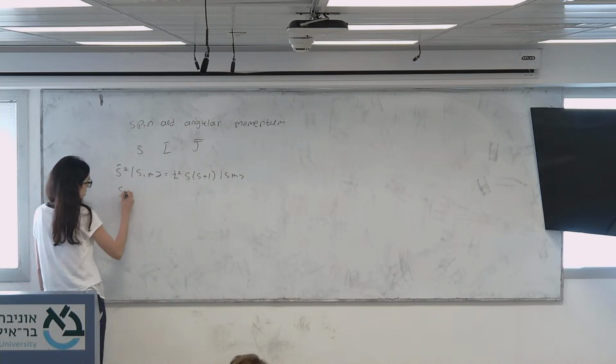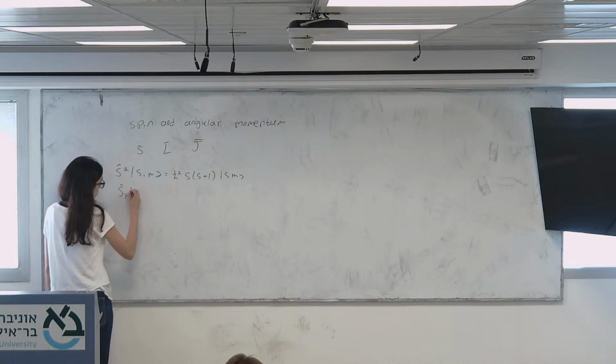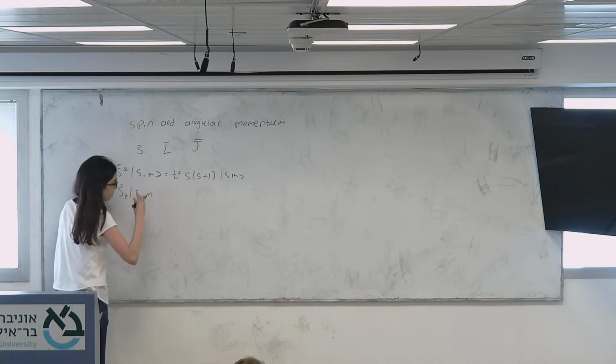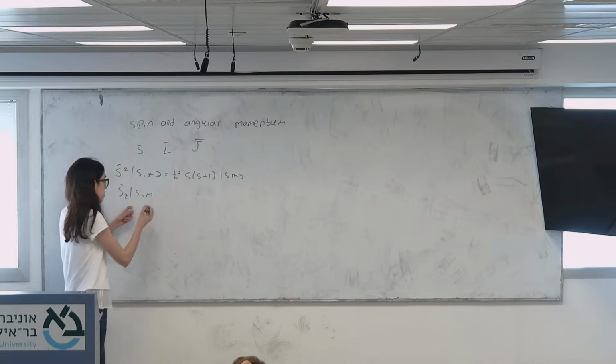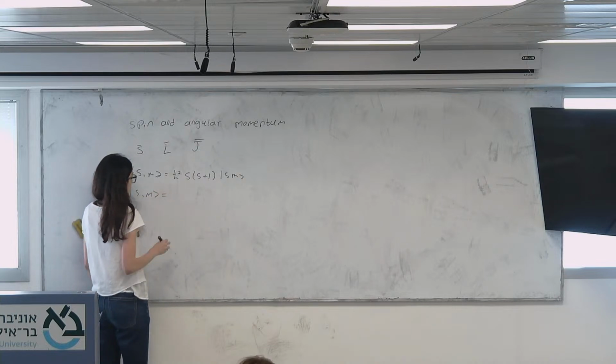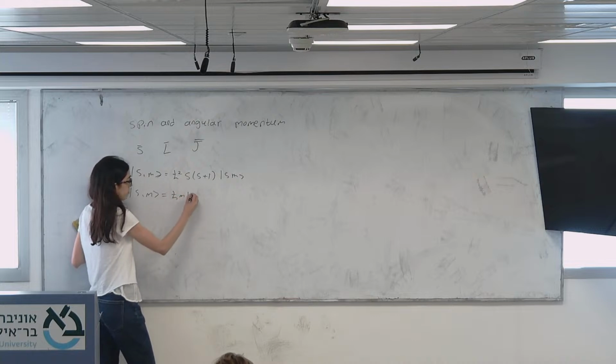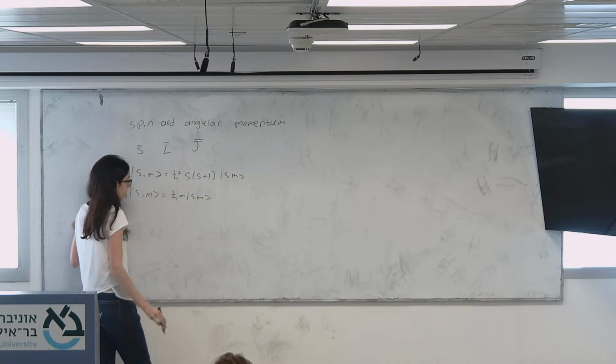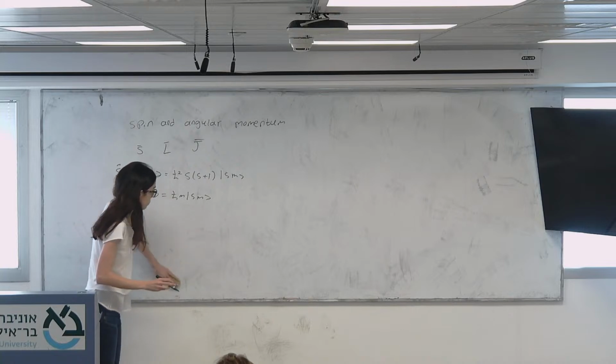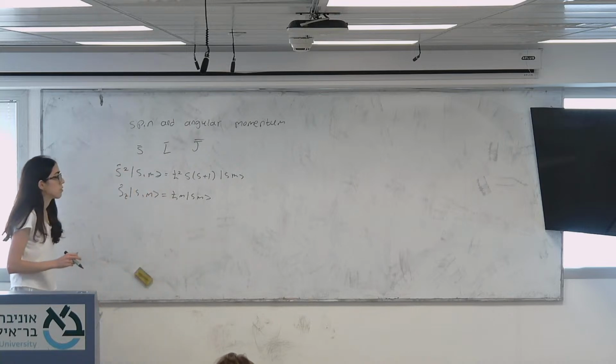And the other one is for the projection of the spin operator on the z direction. The eigenvalue of that relates to the quantum number m, which is ħ m.